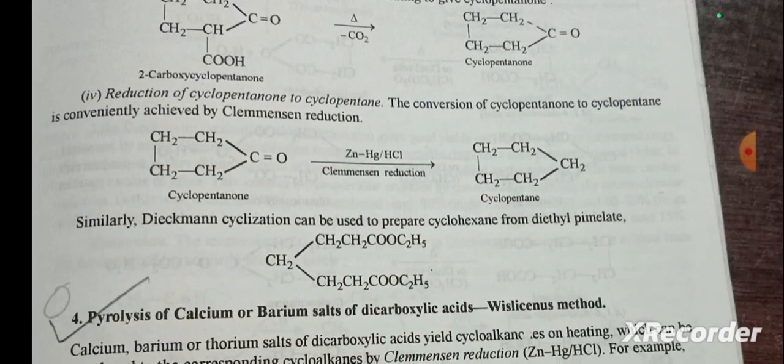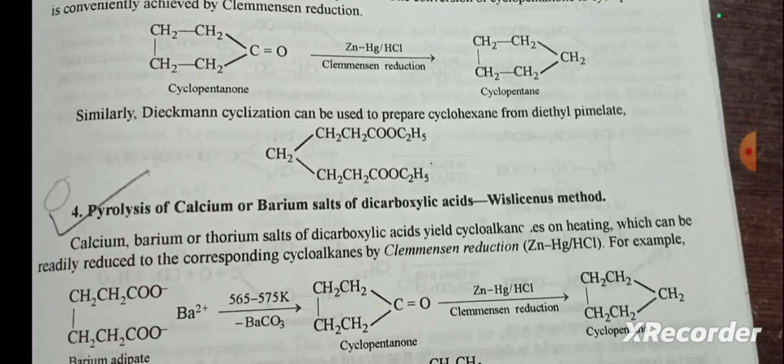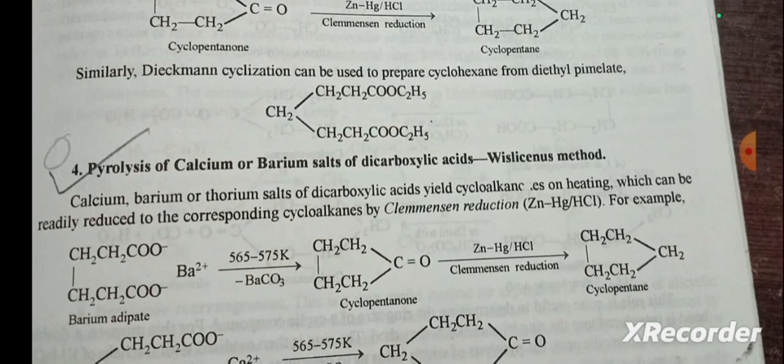The conversion of cyclopentanone to cyclopentane is conventionally achieved by chemical reduction. Similarly, the Dieckmann cyclization can be used to prepare cyclohexane from diethyl pimelate.